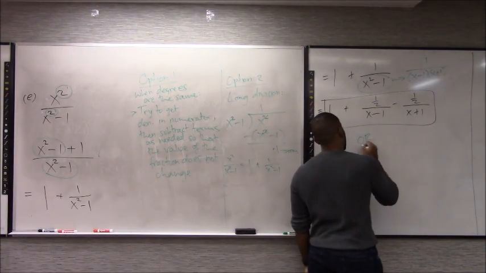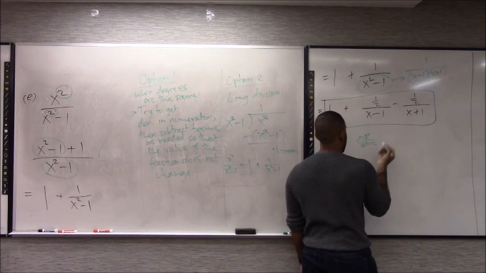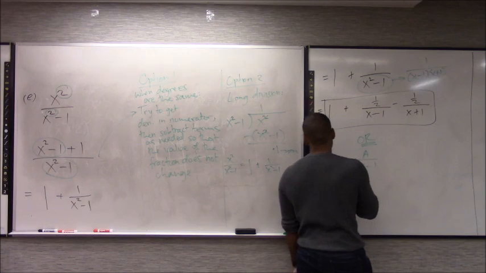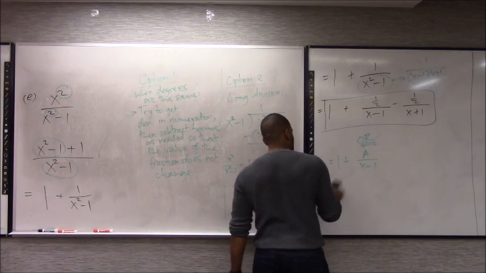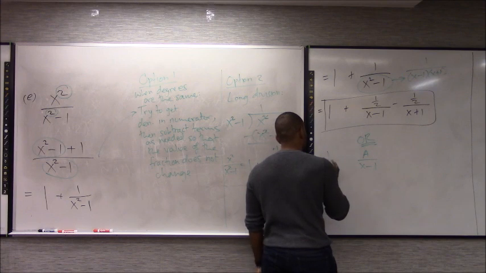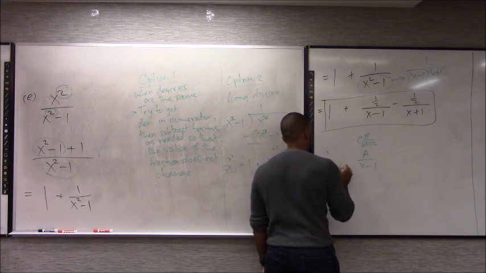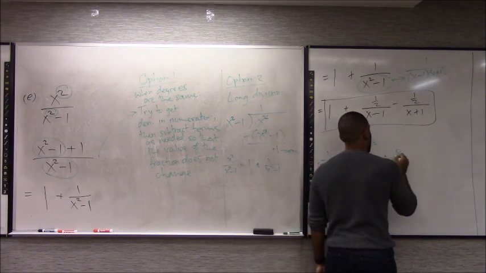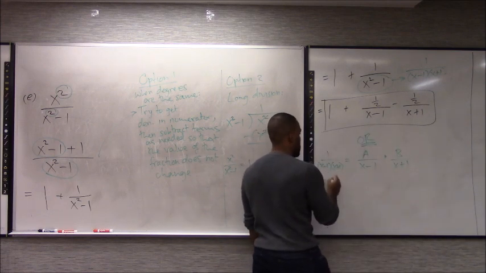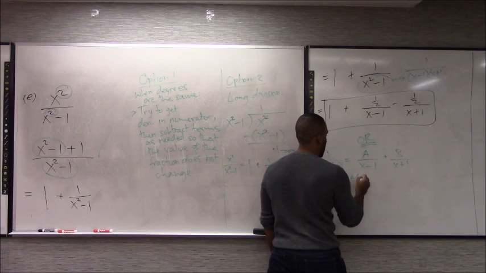Or, of course, let's say you forgot that. Don't sit there and freak out. You would ignore the 1 for a second. Just look at the x minus 1, x plus 1. You multiply both sides by the denominator on the left.